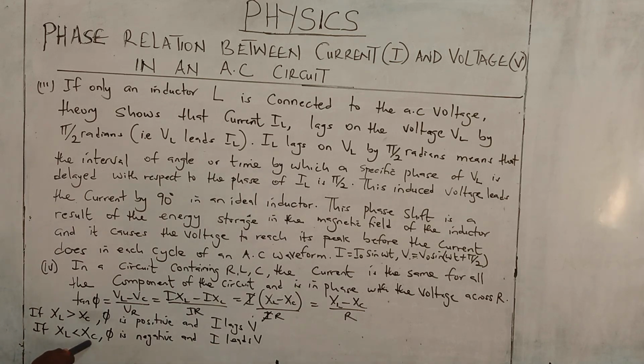This means that XC is greater than XL, a capacitor, and the current leads by up to 90 degrees. The phase angle is negative because the current leads the voltage.